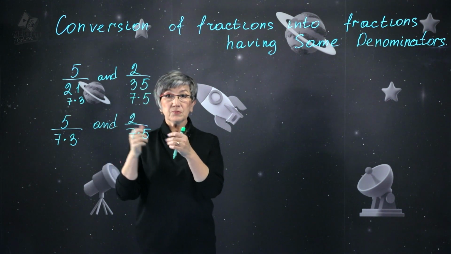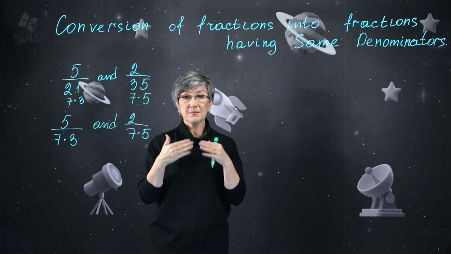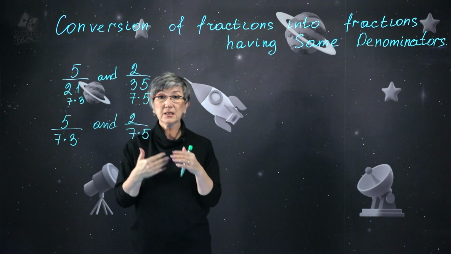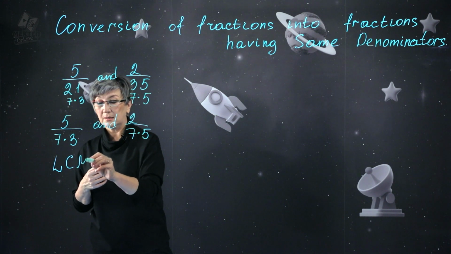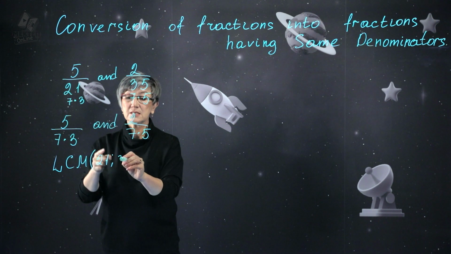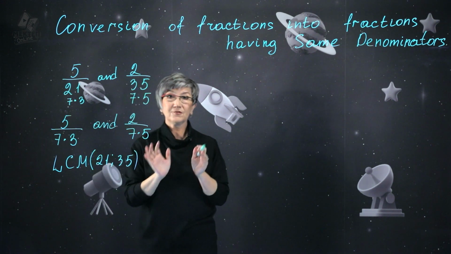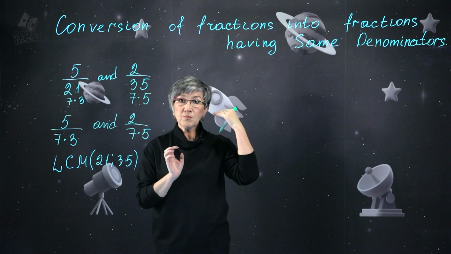What I need is the least common denominator, the least common multiple, for the numbers 21 and 35: the smallest multiple that is divisible by both. How do you find it without multiplying these numbers, without counting in your mind?